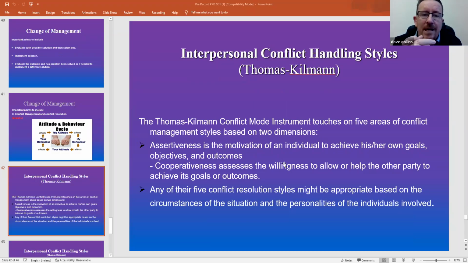The Thomas Kilmann conflict mode instrument touches on 5 areas of conflict management styles based on 2 dimensions. Now, don't forget, we will be going into conflict management in our next module, by the way, so don't worry too much about it. Assertiveness is the motivation of an individual to achieve his or her goals, objectives, and outcomes.